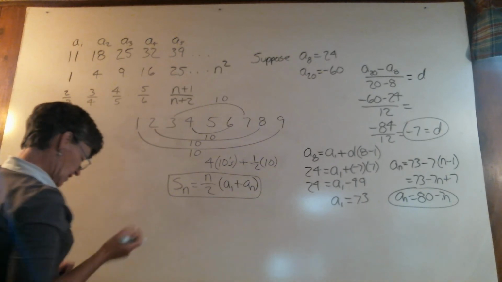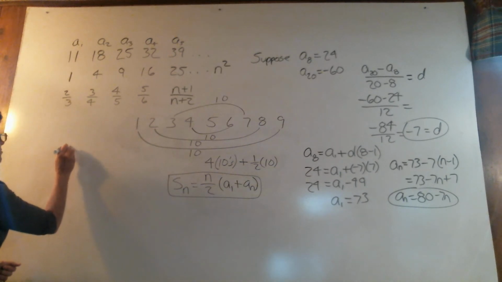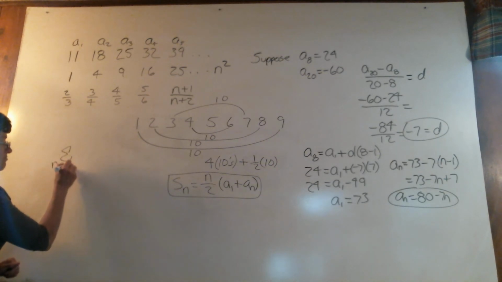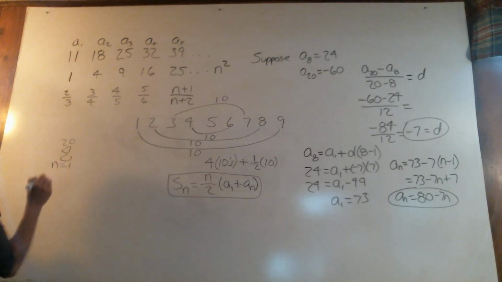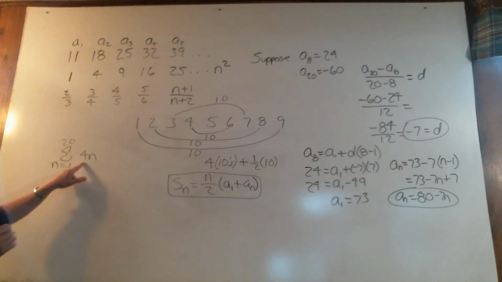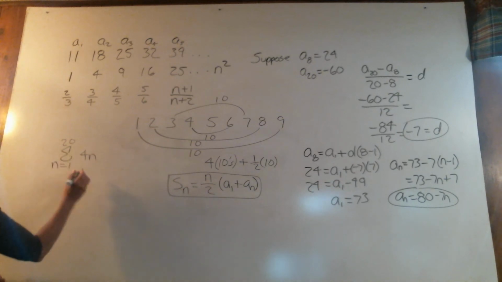Now, let's suppose you have it written using this sum terminology right here, this sum symbol. So, for example, n equals 1 to 20. Let's say the pattern 4n. 4n is linear. Therefore, I know this is an arithmetic pattern, and I can use this formula to get that sum.